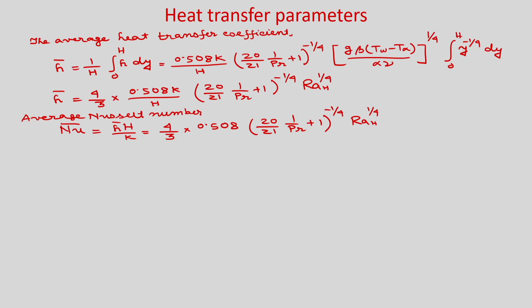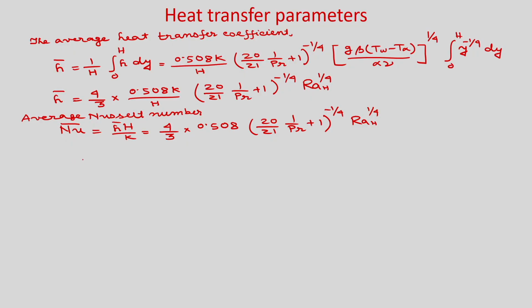From here you can see the average Nusselt number will be equal to 4 by 3 times the local Nusselt number at y is equal to h, right. So, from here you can see that your average Nusselt number will be 4 by 3 times the local Nusselt number at y is equal to h.